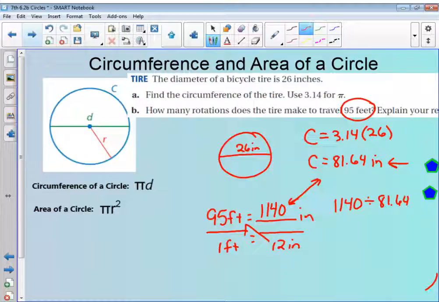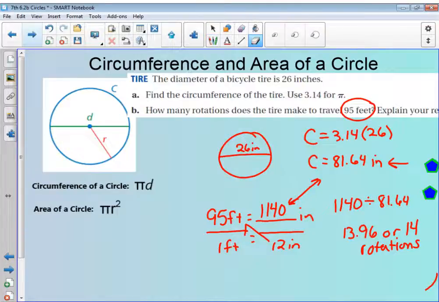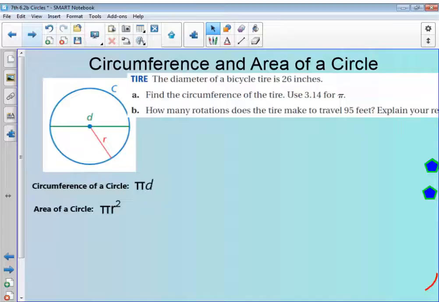When I do that, I get 13.96, or approximately 14 rotations. So that tire is going to have to spin 14 times to cover approximately 95 feet. That time they gave us a little extension activity to work with our circumference.